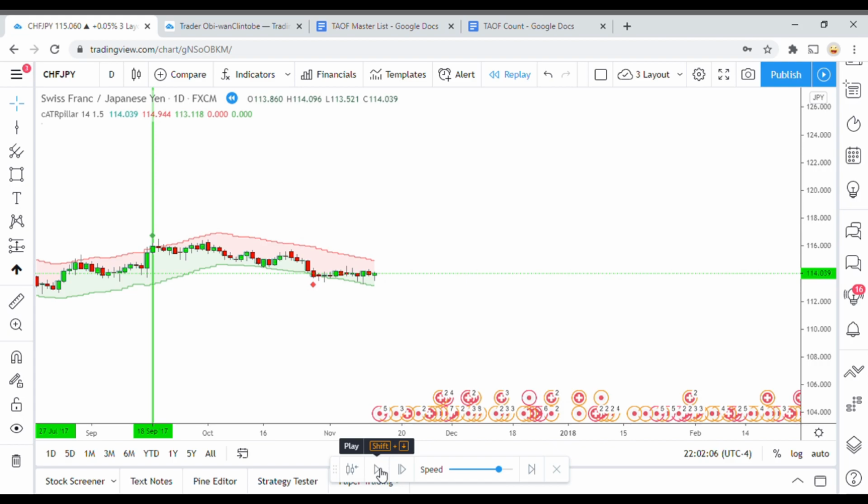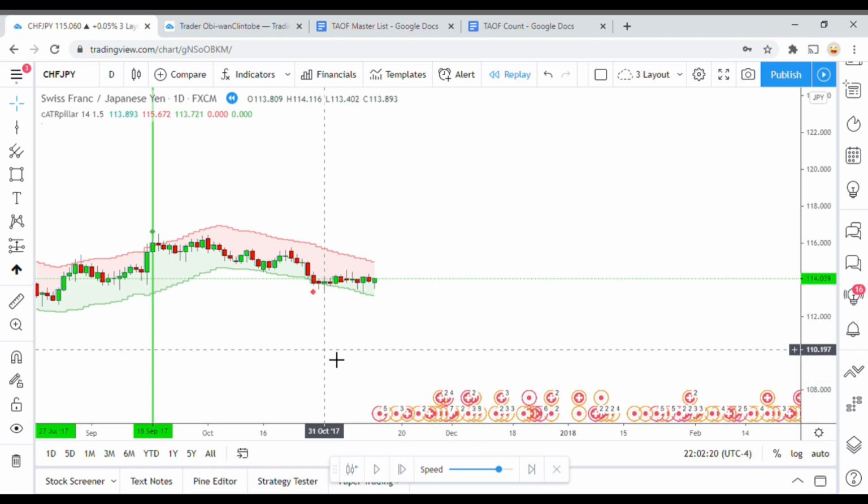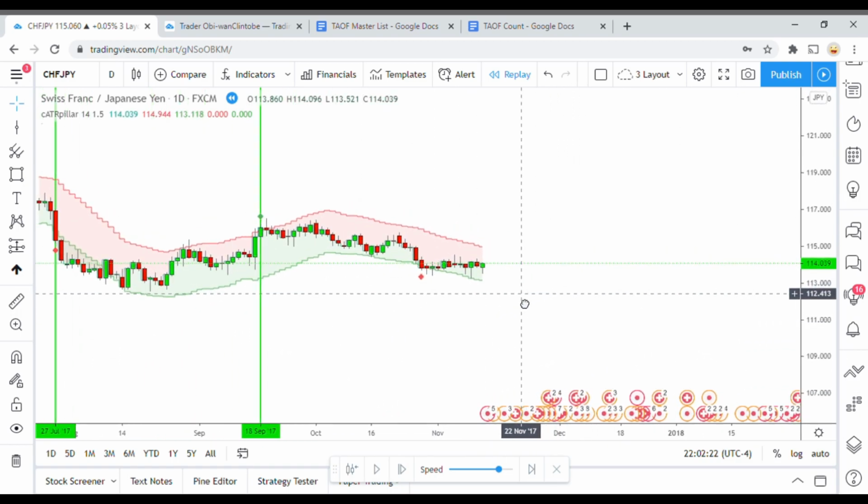There's a short signal there, and it is just running pretty much straight sideways, which is not a great sign.